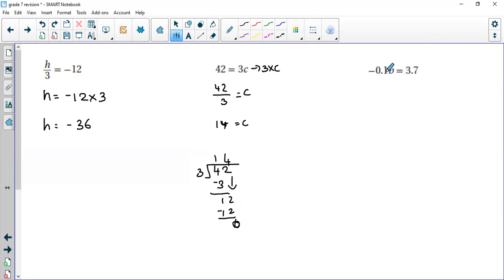Okay. Now here, negative 0.1b, again this means 0.1 multiplied by b, right? So to remove the number, I need to do the opposite. The opposite is divided by negative 0.1. So b equals 3.7 divided by negative 0.1.